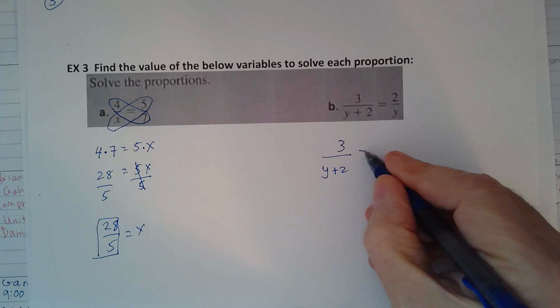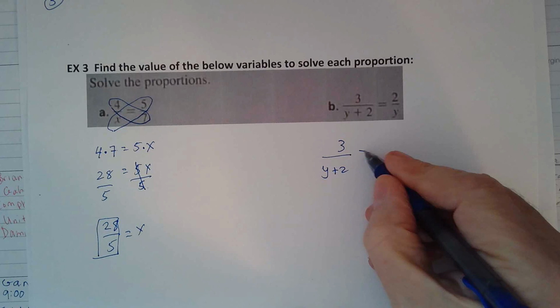So I subtract 2y, and I get 3y minus 2y is just y, and this cancels, and so y equals 4. And there is my answer. Okay?